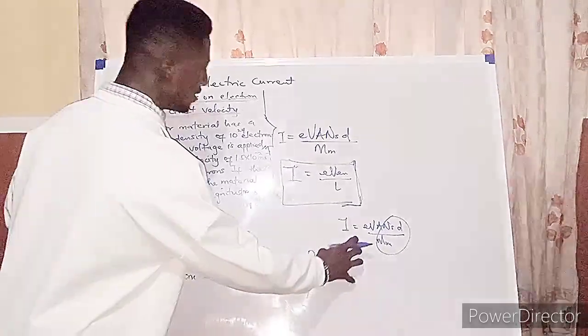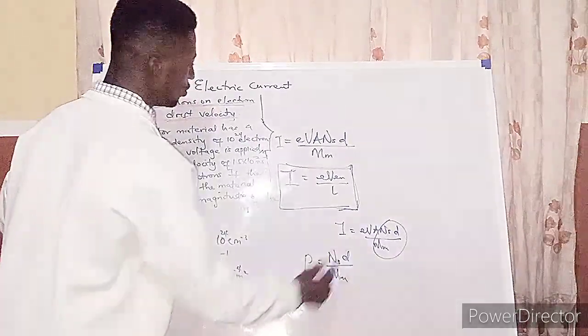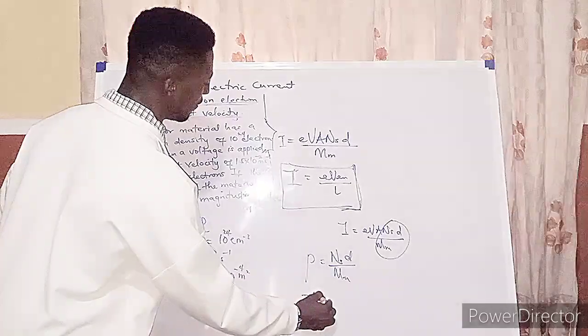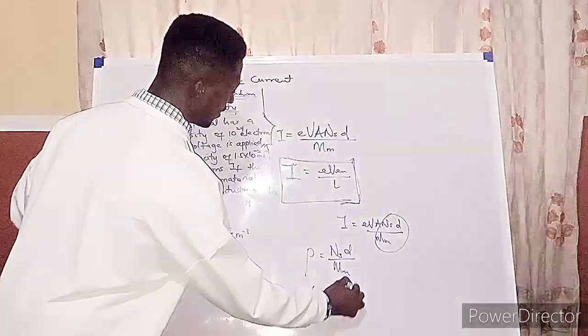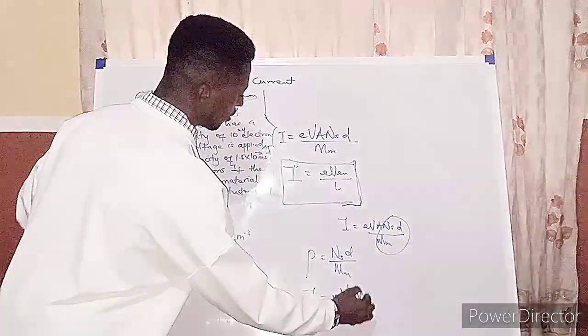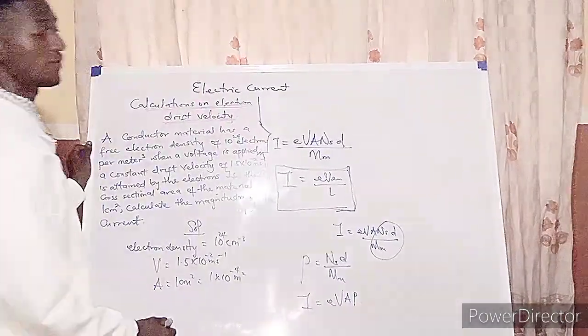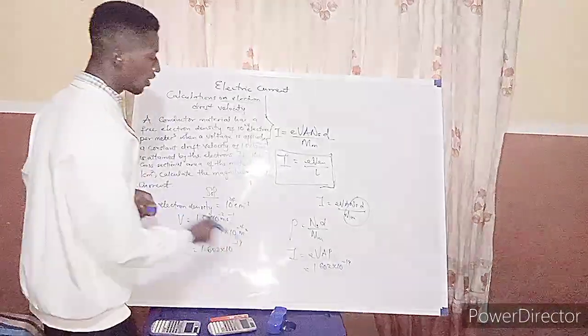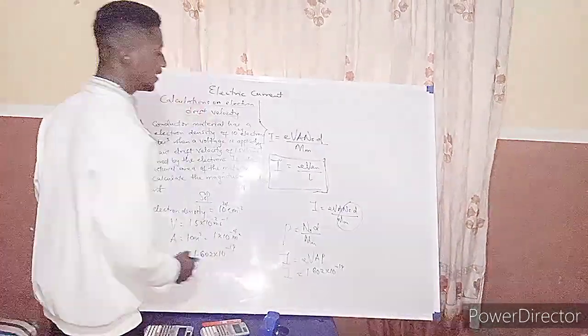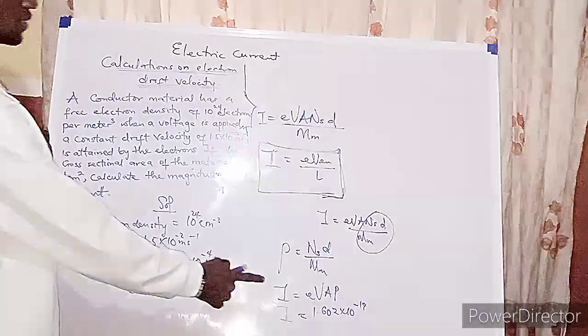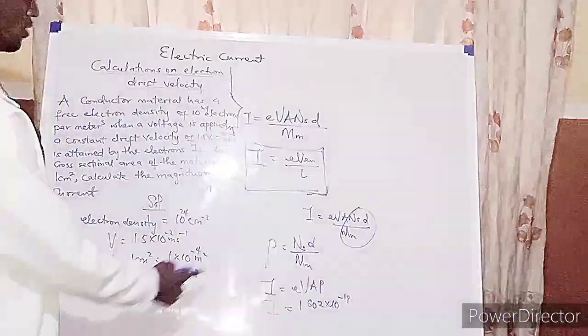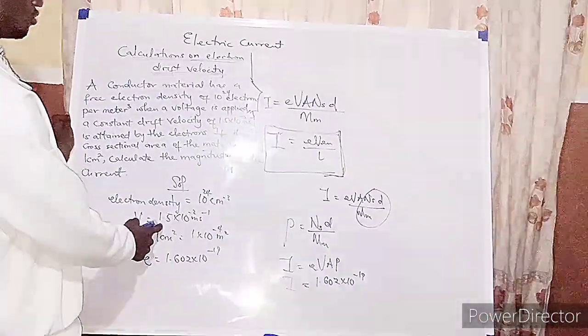So if I take this part out of this formula, what do you have left? You have your current to be P times e times V times A. What is e? e is our electric charge, which is 1.602 times 10 to the power minus 19. What's V? That is your drift velocity.